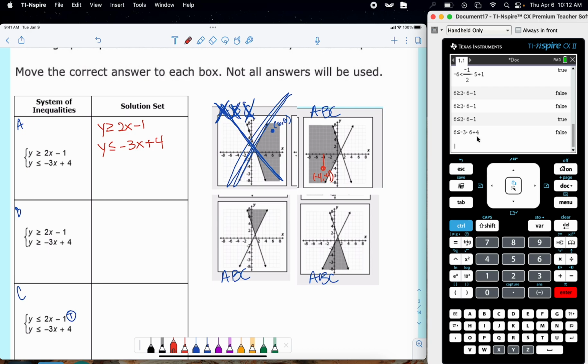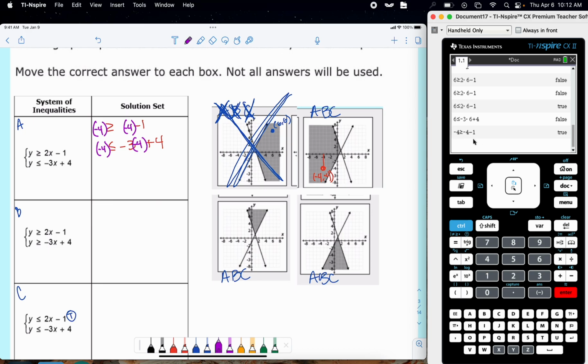I replace the y's and x's with -4. -4, control, then 2 times -4 minus 1, enter.